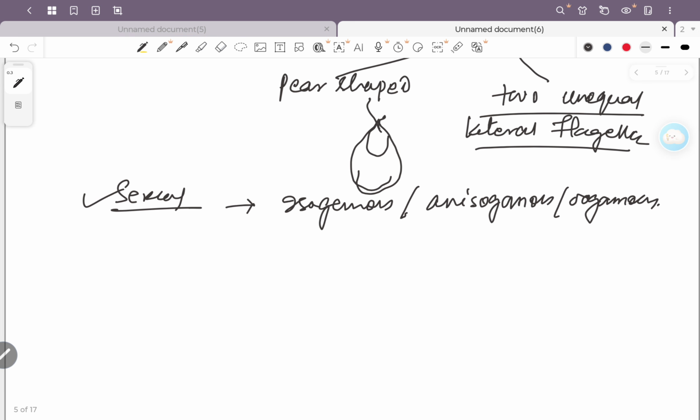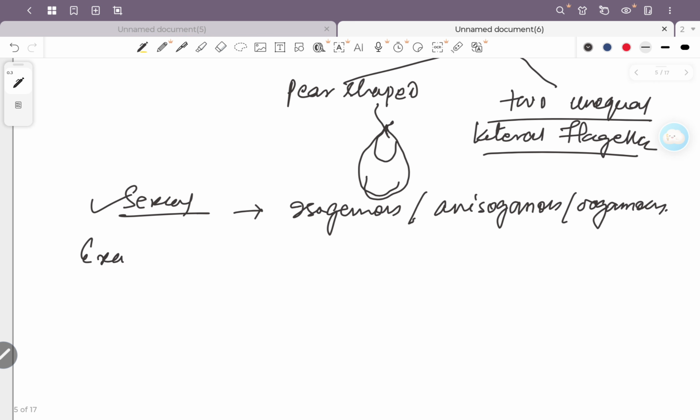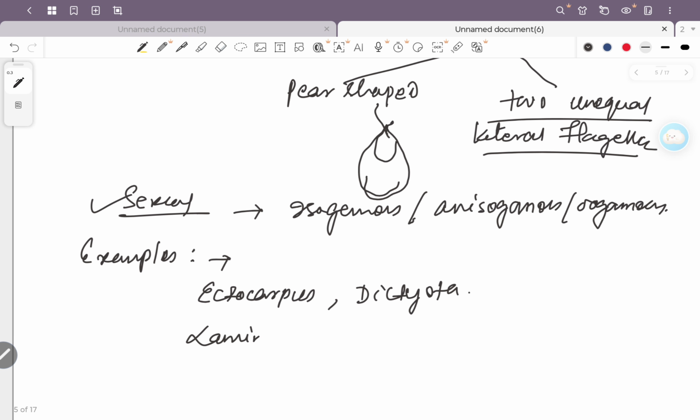The examples include Ectocarpus, Dictyota, then Laminaria, Sargassum, and Fucus. So these are some of the examples which are given in your textbook.